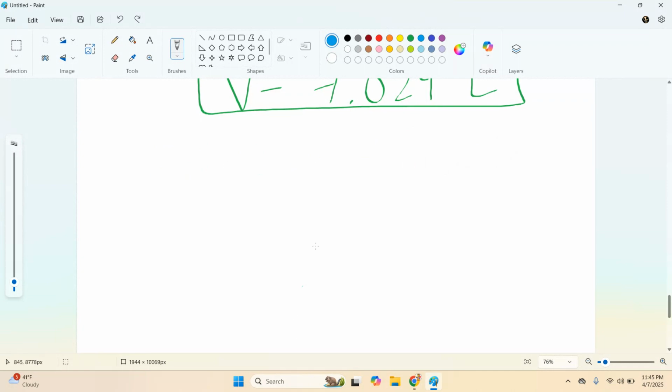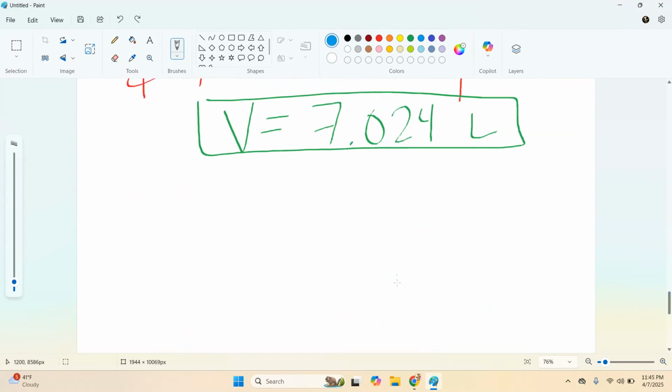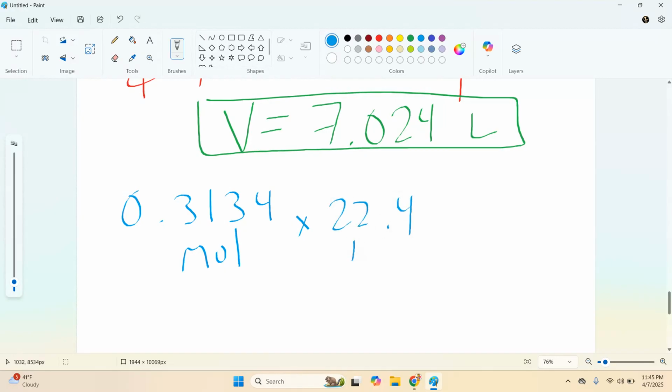Here we go: 0.3134 moles times 22.4 liters for every mole of gas.